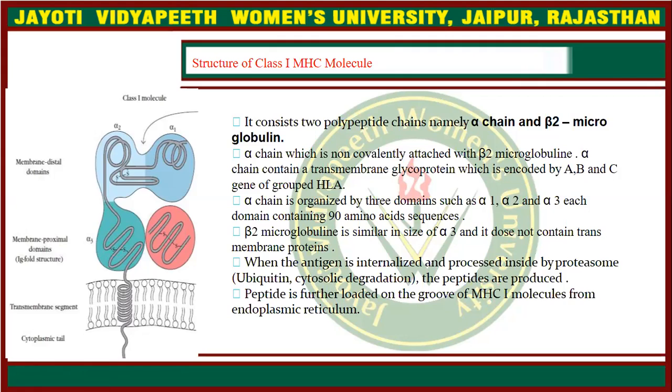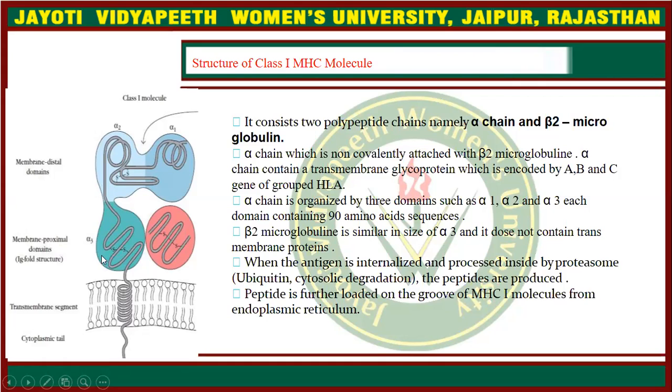and we can differentiate these regions on the basis of the cell membrane. We divide each MHC into four regions. The region proximal to the cell membrane is known as the membrane proximal region, and the region distal from the cell membrane is the membrane distal region.